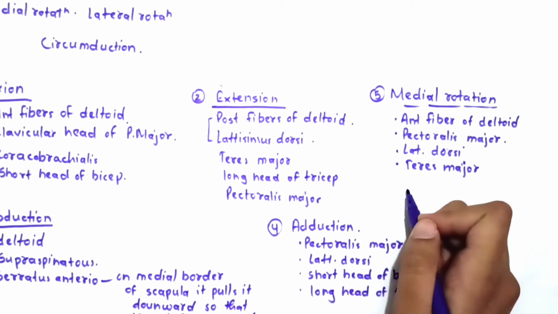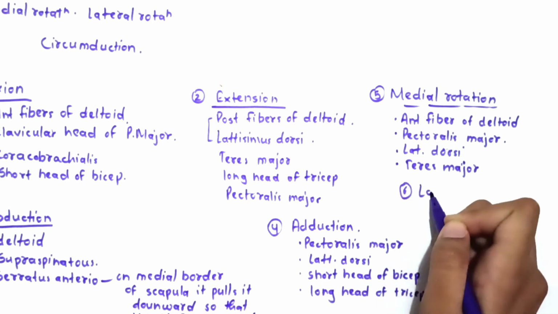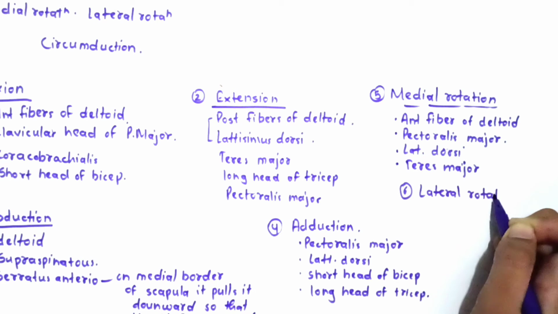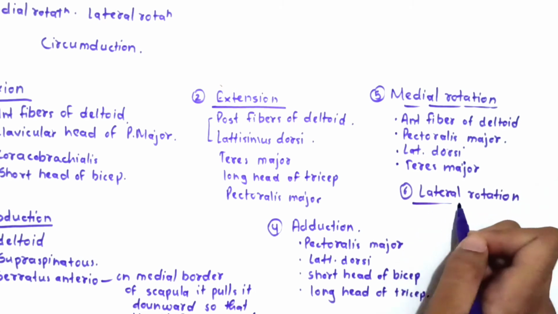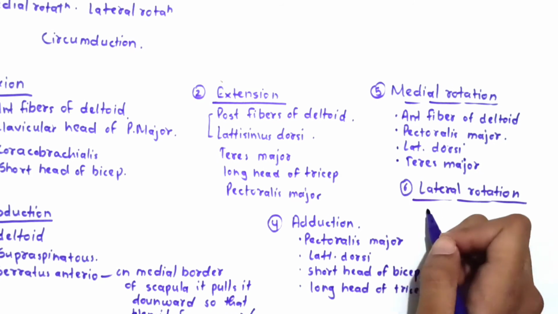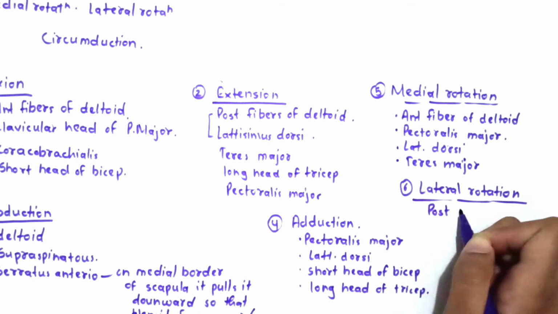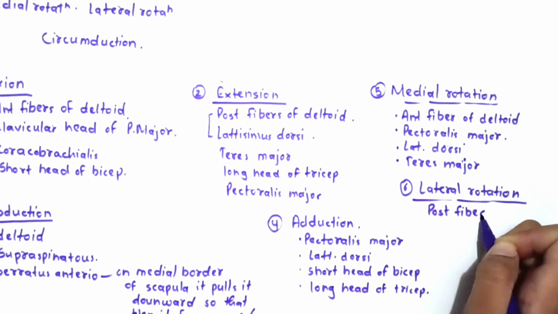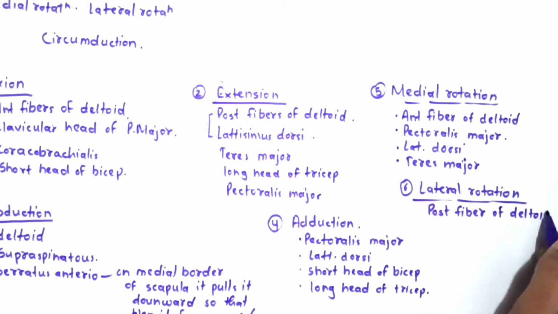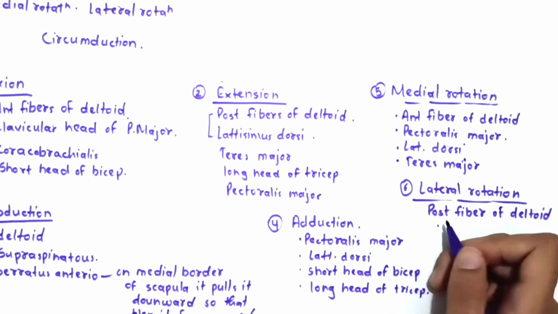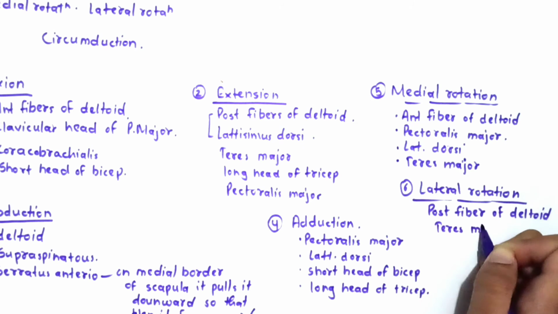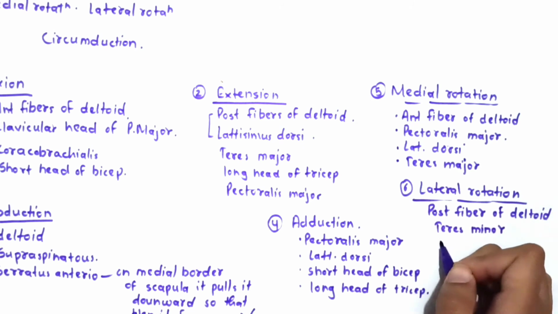Now lateral rotation. For lateral rotation the back side muscles will help. So we have the posterior fiber of deltoid, and with that we also have the teres minor muscle and infraspinatus.